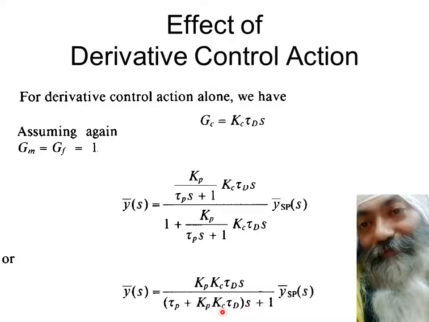The only thing is that this tau p, initially tau p, now becomes tau p plus Kp into Kc into tau d. So this system time constant has now gone up, and these are the things we will have a look at in the next slide.